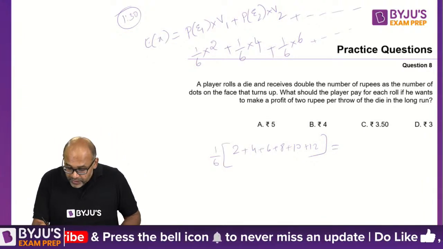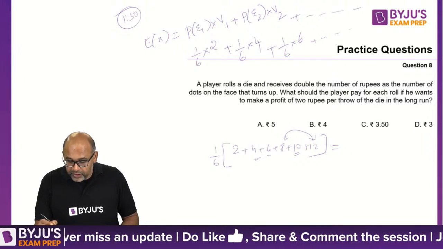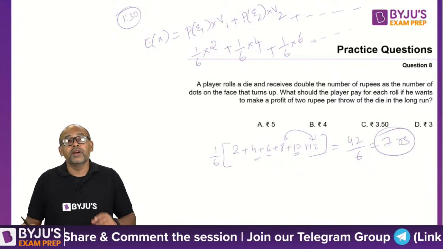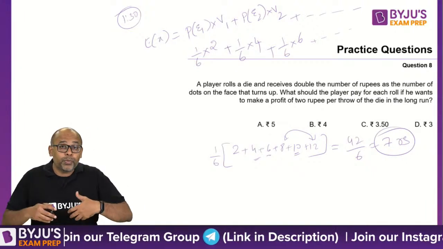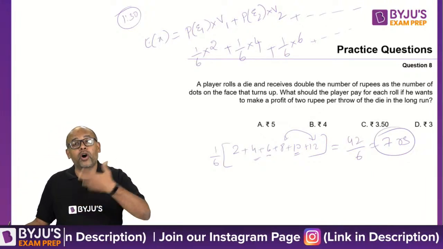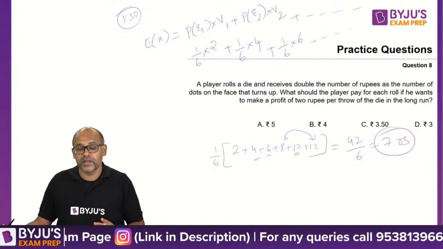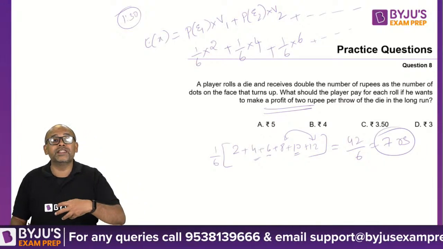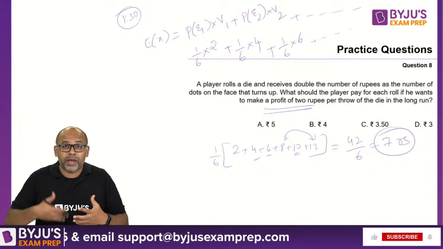How much is this? 10 plus 20, which is 30, 40, 42. So 42 by 6, which is 7 rupees. So the expected money for me to win is 7 rupees to play this game. The whole idea here is, if I keep playing this game a large number of times, the average that I can make per game is 7 rupees. What they're saying is, if he wants a profit of 2, how much can he spend to play the game? Because it is not just that I'm getting the money, I have to pay something to play the game.